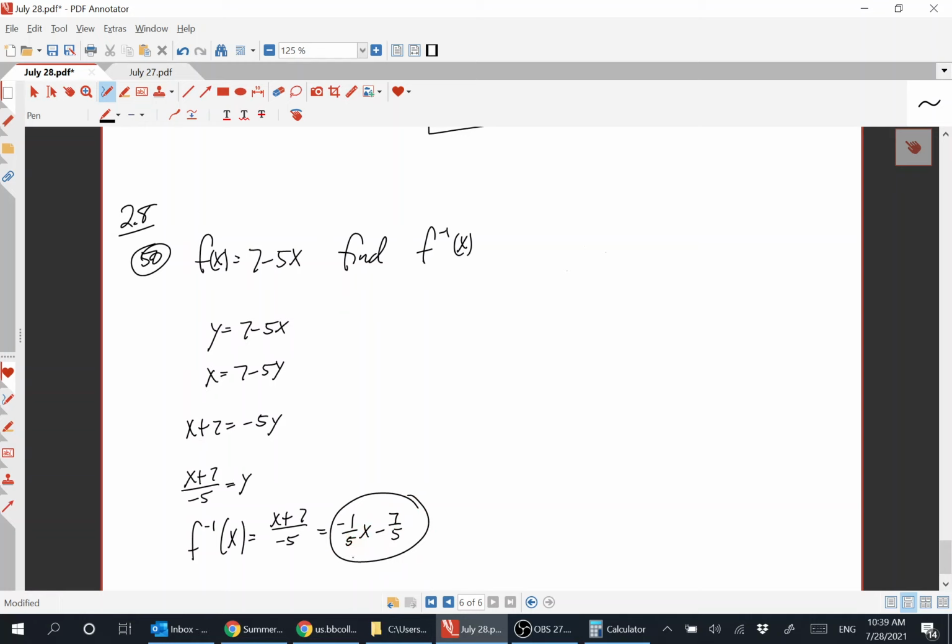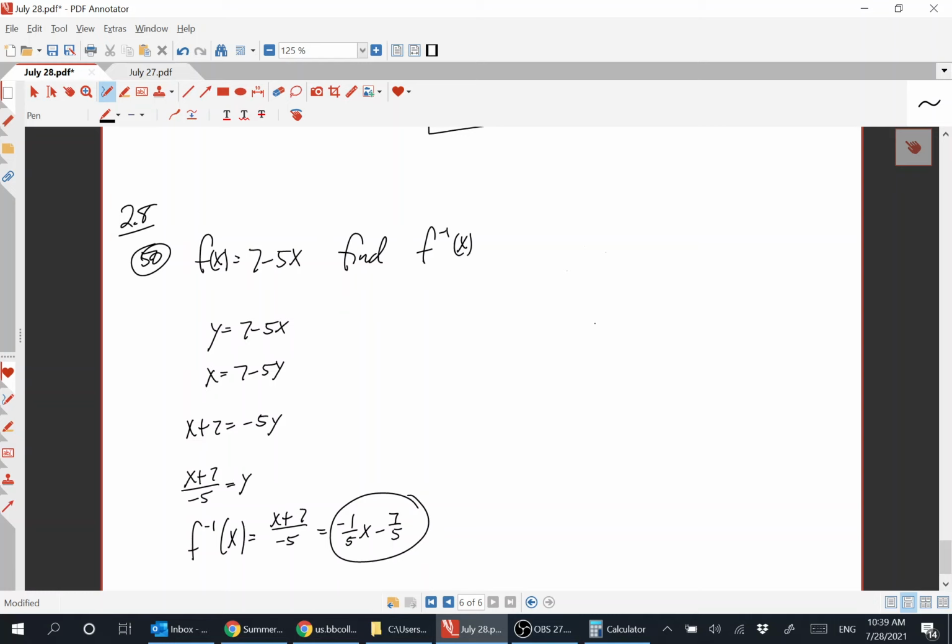With a linear function, its inverse is a linear function, but the slope is not perpendicular, by the way. There's total confusion about that. We talked about two lines being perpendicular. That's when the slopes are negative reciprocals of each other. Here this line has slope -5, and this line has slope -1/5. They're not perpendicular.